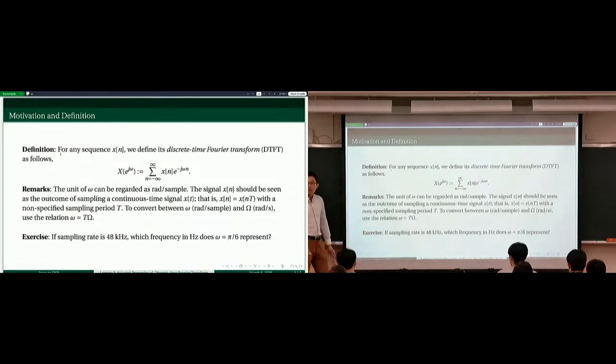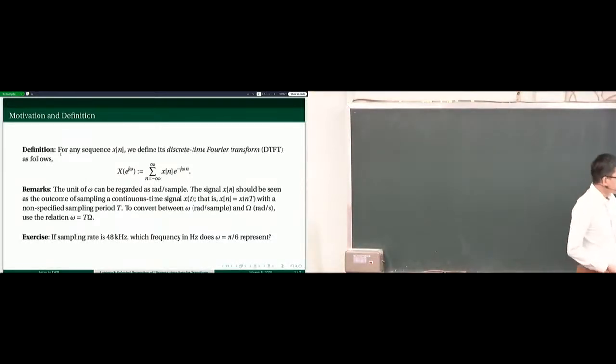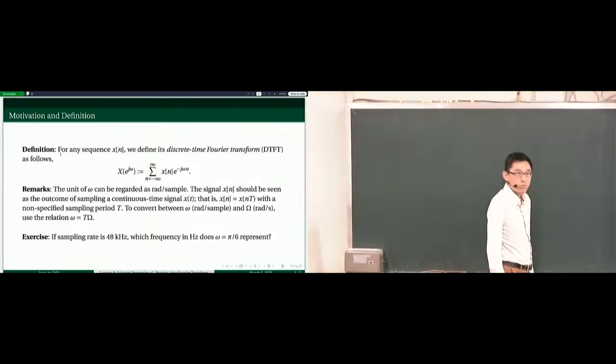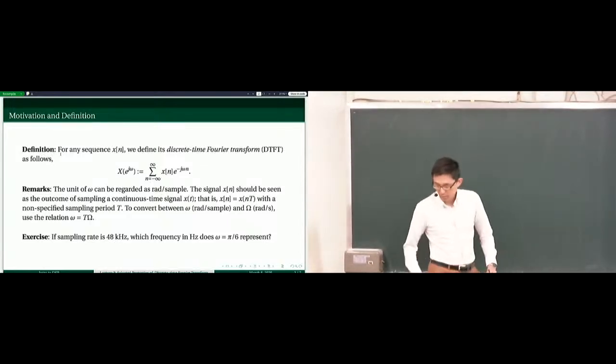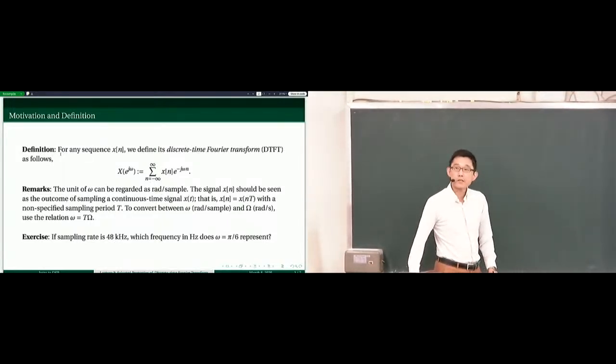Therefore, you can quickly calculate for any given frequency small omega how that corresponds to a frequency in hertz in continuous time. So there's a simple relation that you should be aware of. Any questions so far? That's from last time.